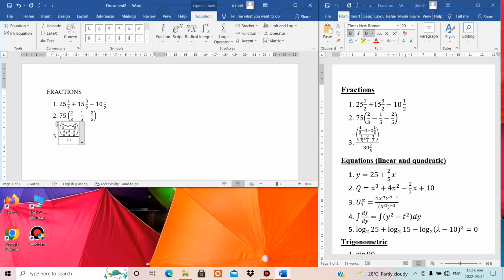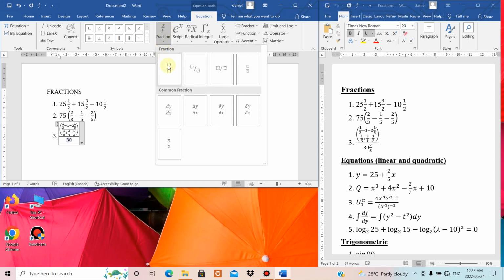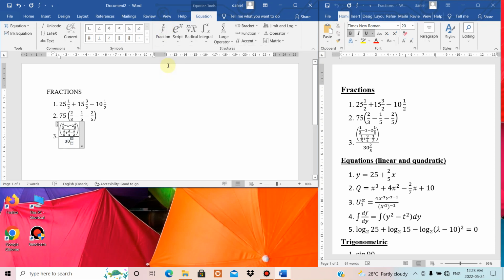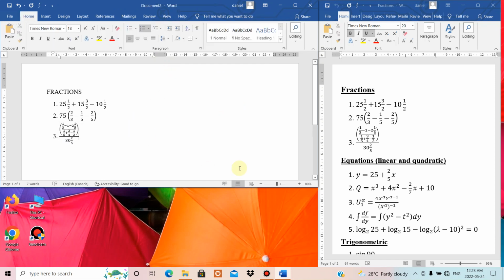So we are done with the numerator. We come to the denominator, that's 30 whole number 2 on 5. So we've been able to type that.